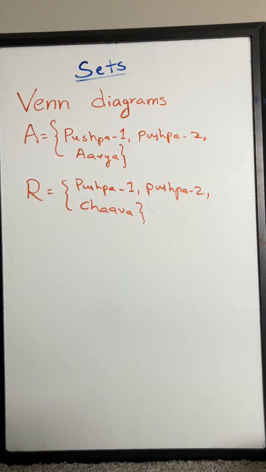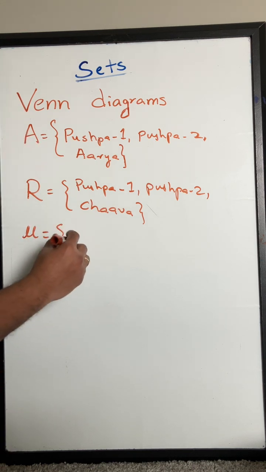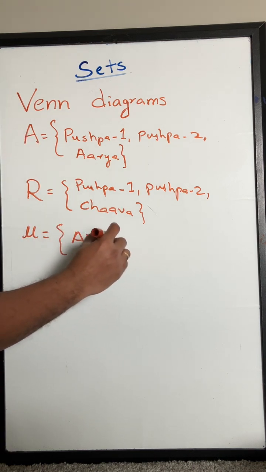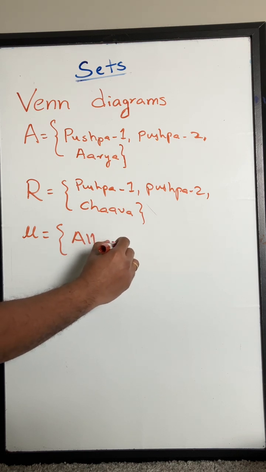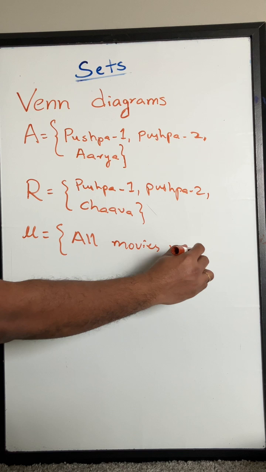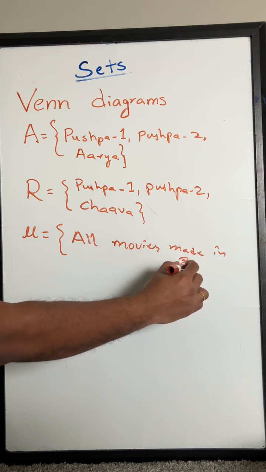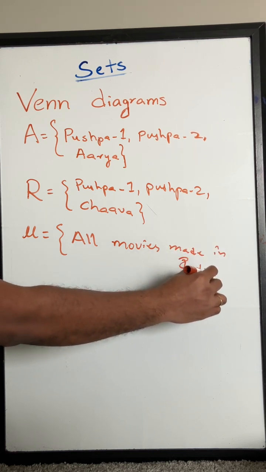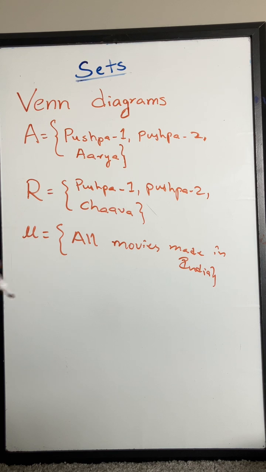So how do we represent this in a Venn diagram? Let's take mu, which is all movies made in India. This is a big set, the universal set, all the movies.